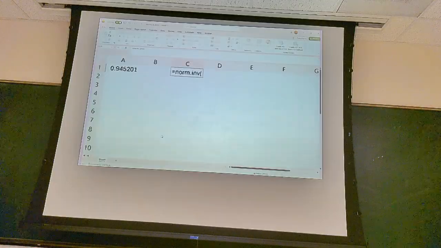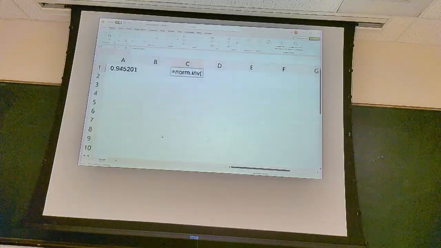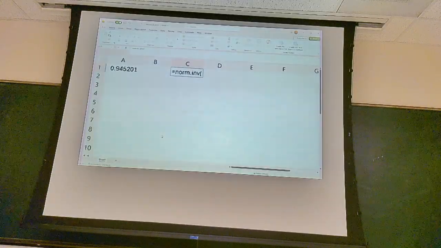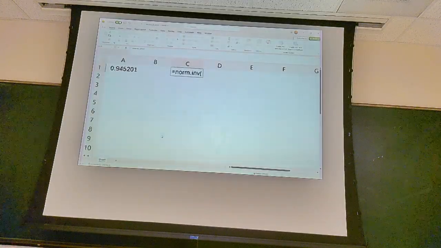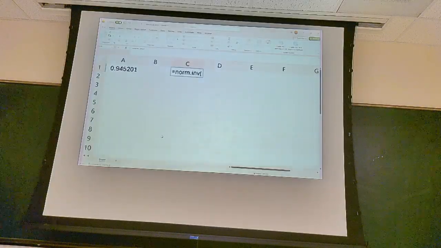NORM.INV. Probability to the left: if it's the 95th percentile, what is the area to the left?